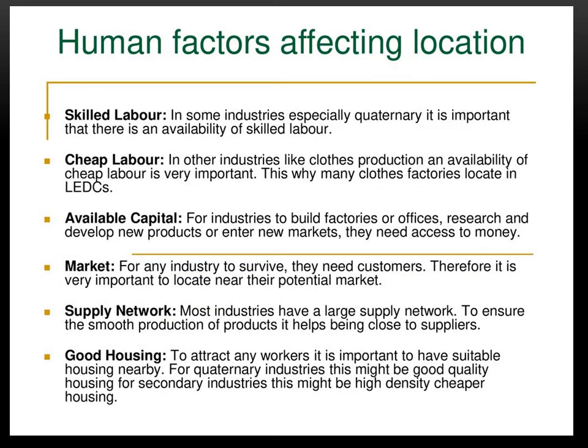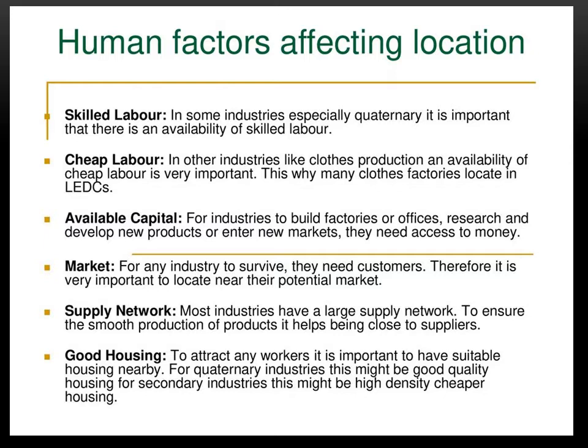So the human factors include skilled labor, and in some industries, especially in the quaternary, it is important that there is an availability of skilled labor. Quaternary industry is the fourth basic sector of the industry, and it is where we need the intellectual services. So this is not a part of your syllabus.